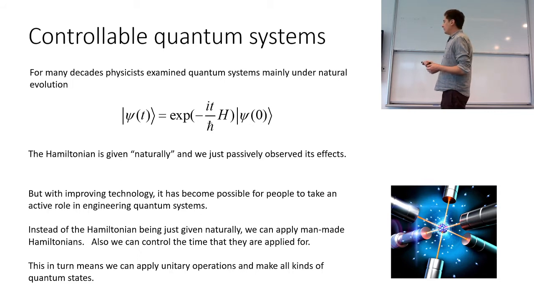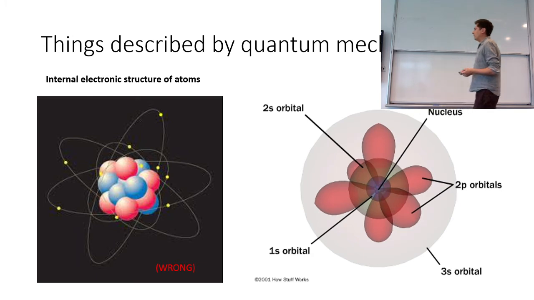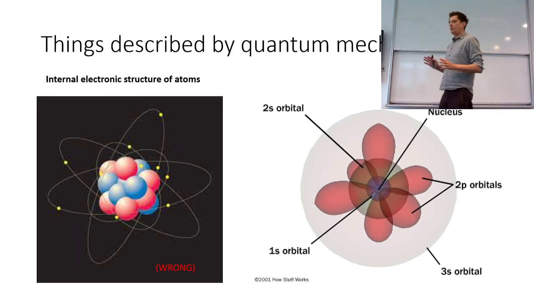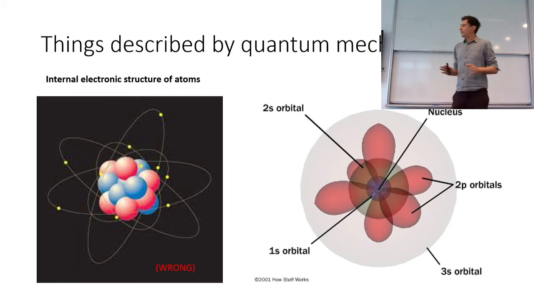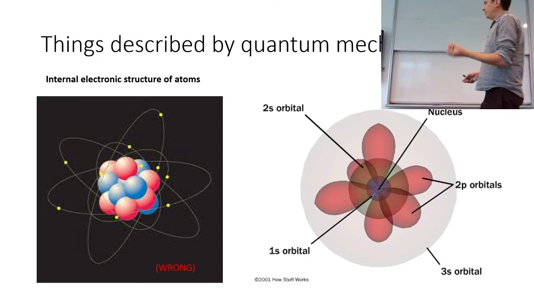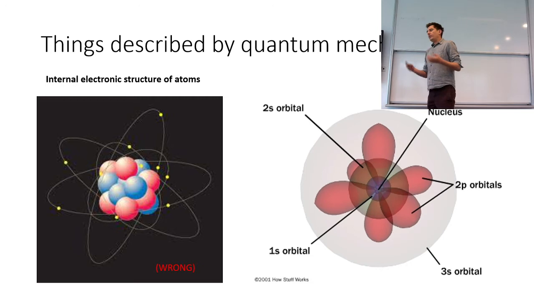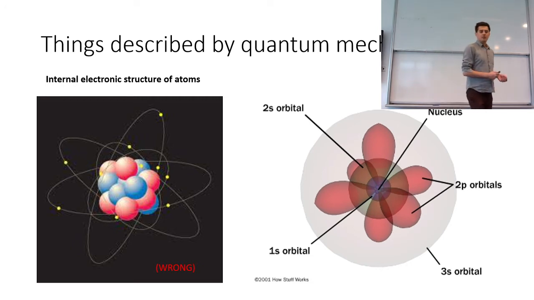So before we talk about quantum gates and things like that, I just want to give you a little bit more of a physical picture of what types of things we might be controlling. So what is the physical system that we're talking about? This can still be really many things.